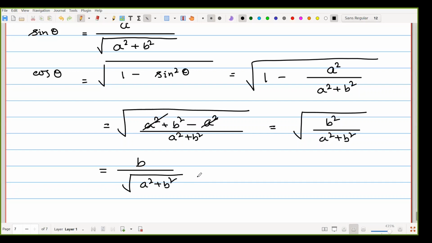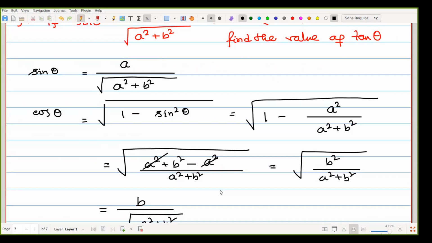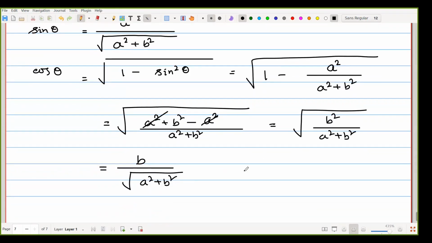Now we have to find out the value of tan theta. So we can write it out here. That is tan theta is equal to sin theta by cos theta.